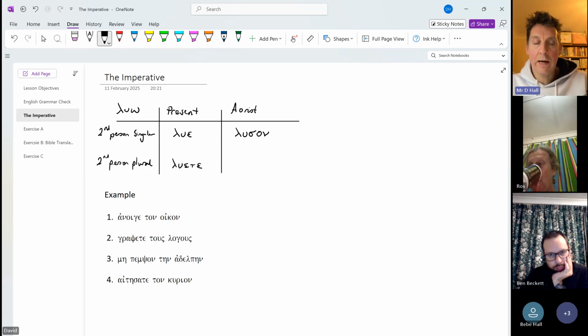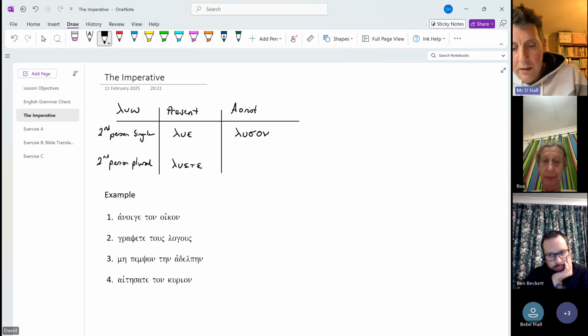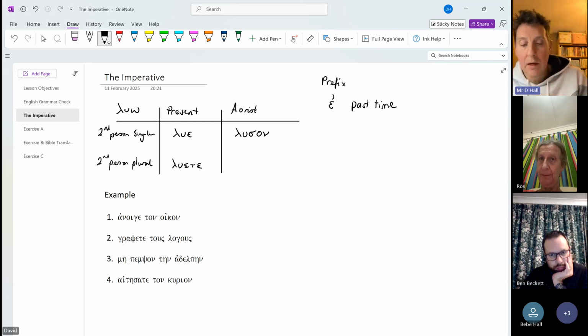Now there's no epsilon added for the aorist here. And the reason for that is the prefix, which is the epsilon added to the start of a word, indicates past time. Okay, so that's why you get a prefix in front of the imperfect and in the aorist, because it's telling you that the action of the verb happened in the past.